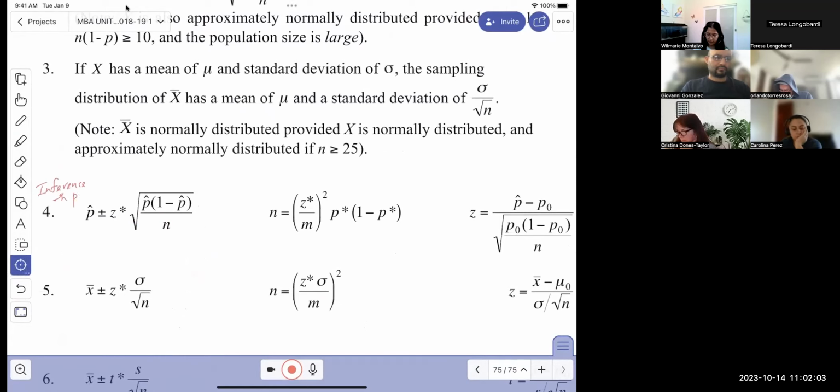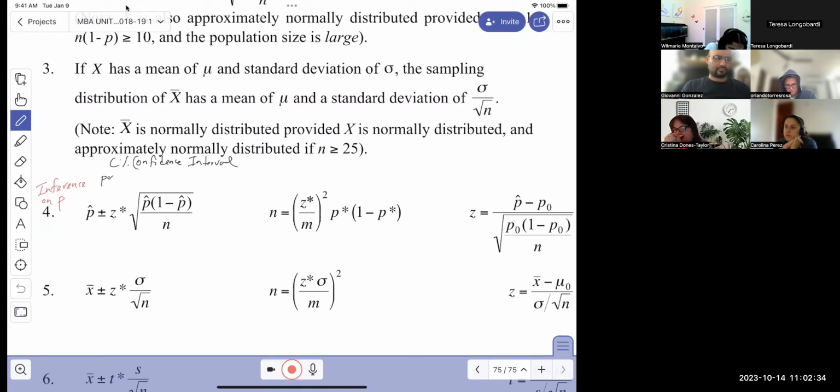So we're performing inference on P, the true population proportion. And we begin with what they call a C% confidence interval, which in general has this form.